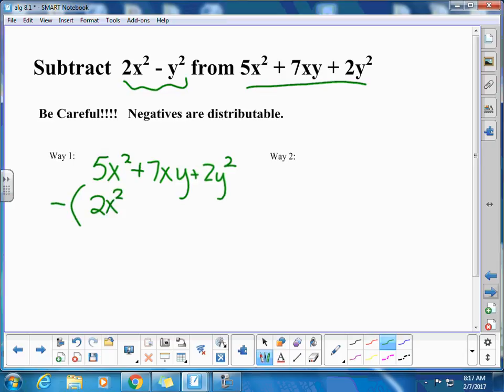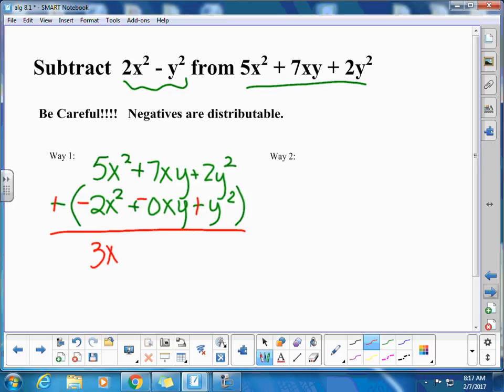And I'm going to line things up. So I have 0 xy's, but I have y squared, so minus y squared. Subtraction is the same as adding the opposite, so I'm going to change it to adding the opposite. Of course, it doesn't matter on the 0. But now I'm adding 5x squared and negative 2x squared, so that would be 3x squared plus 7xy plus 3y squareds.